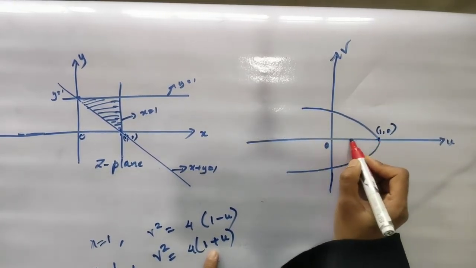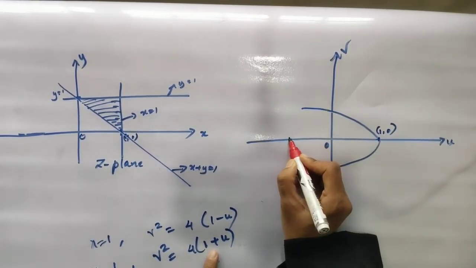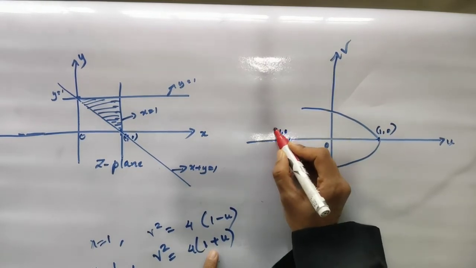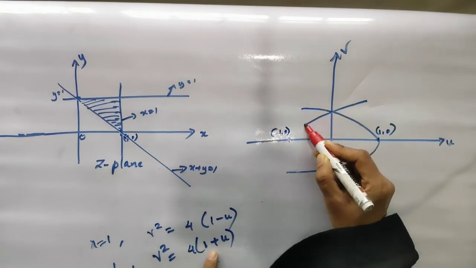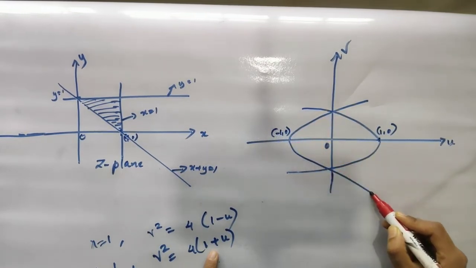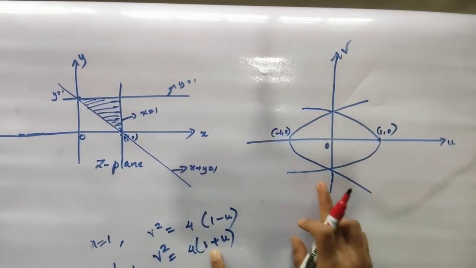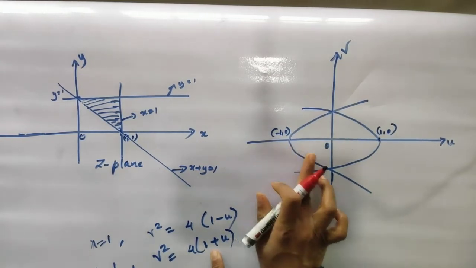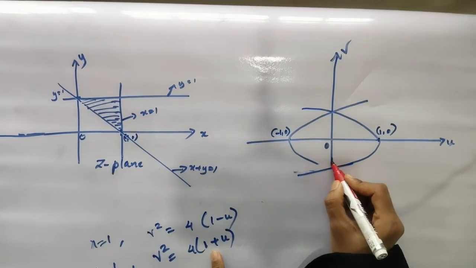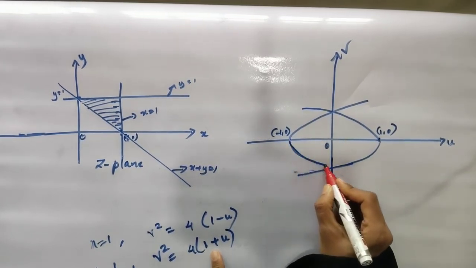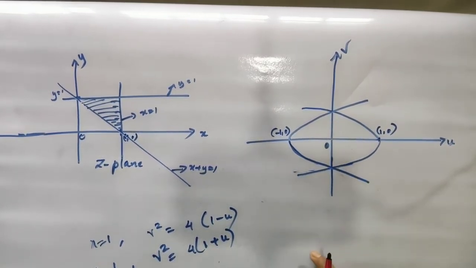If 1 comma 0 is here, I can take my minus 1 comma 0 over here. This is the vertex for that parabola, so let us draw it. When this is cutting like this, it should also come and touch it here. Yes, now that is proper.